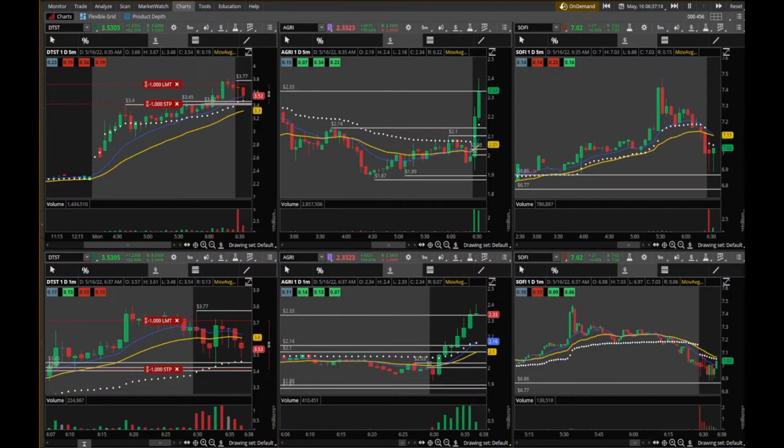In there at 350. We'll see if 350 can hold. 351 was my entry. In there at the VWAP.